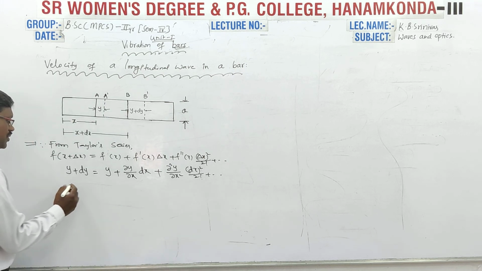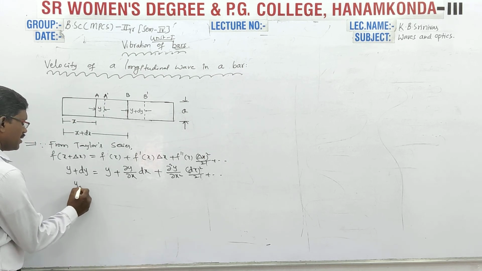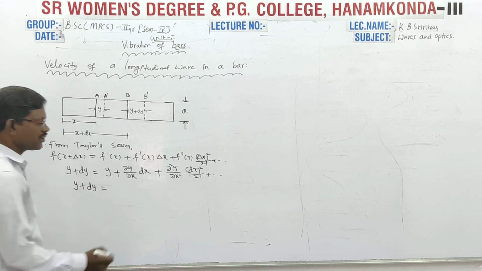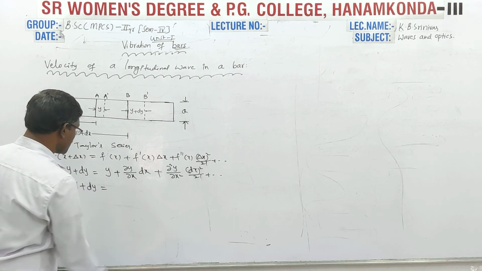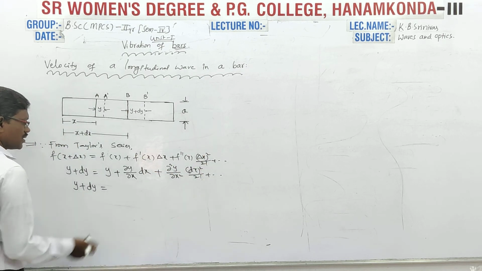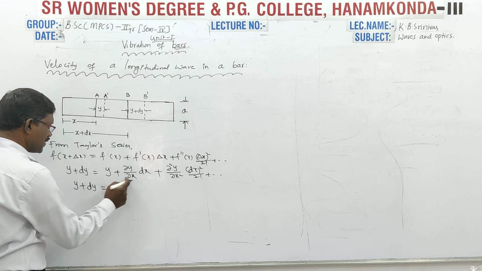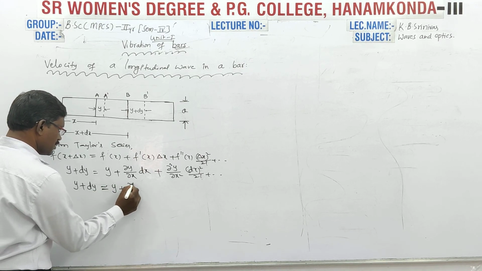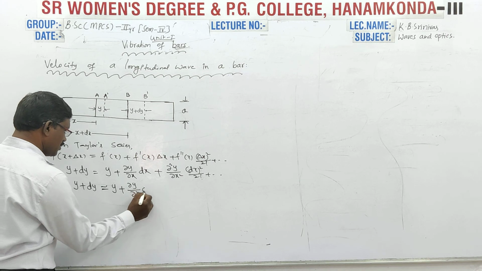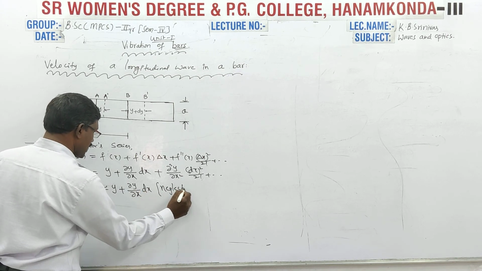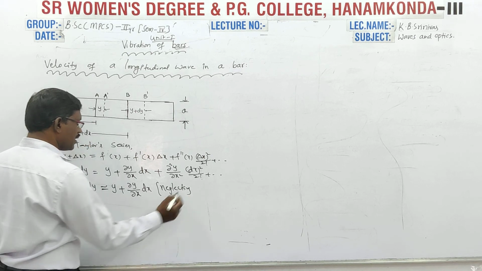Actually, in our physics always we have to consider first two terms of the expansion. We have to neglect higher order terms. Higher order terms means second and third orders and so on. Simply I am considering first two terms of the expansion, that is y plus dou y by dou x into dx, neglecting higher order terms.